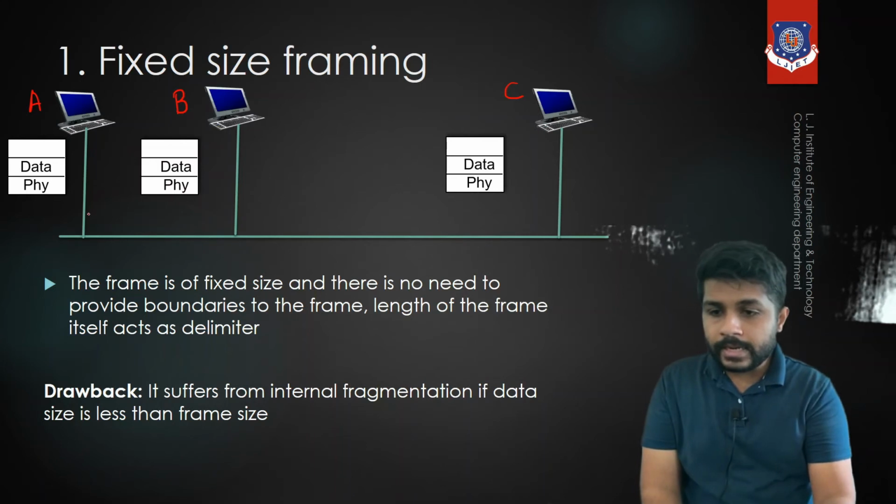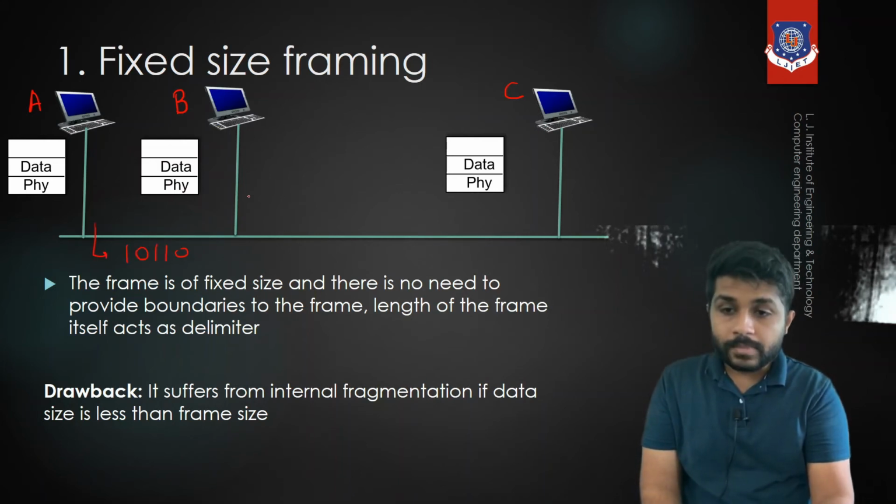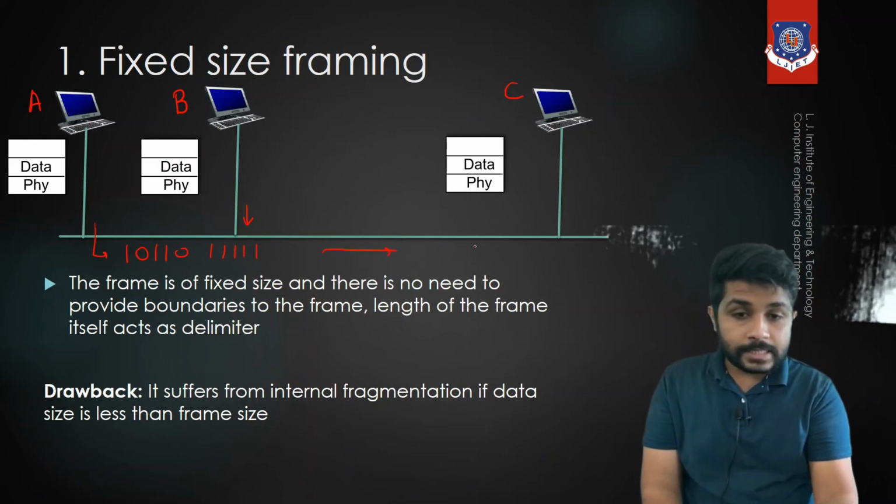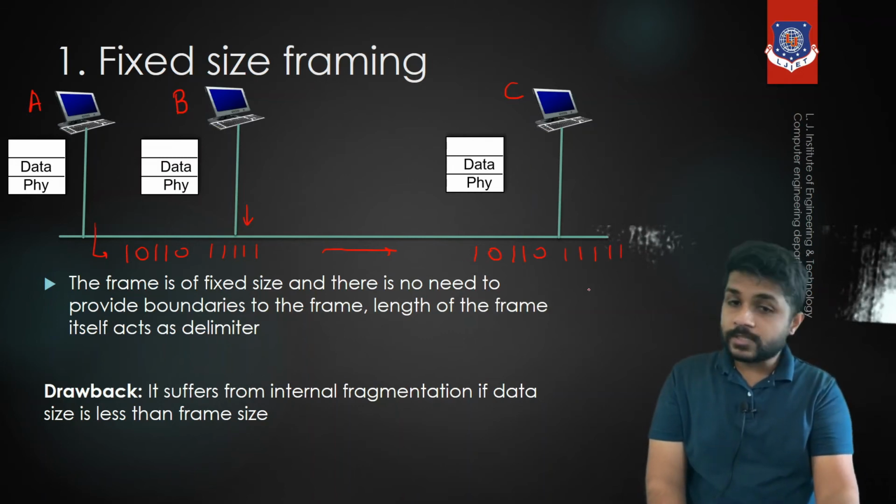So A is sending 5 bits, which is 10110. B is also sending 11111. When this stream of bits is received by C, it is 1011011111. So this stream of bits is received by C.